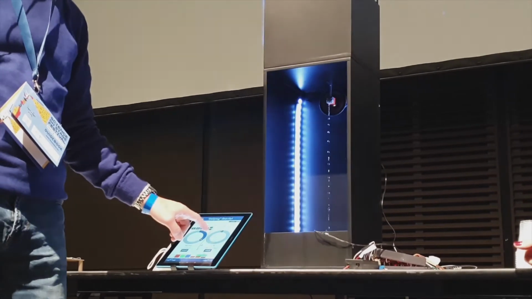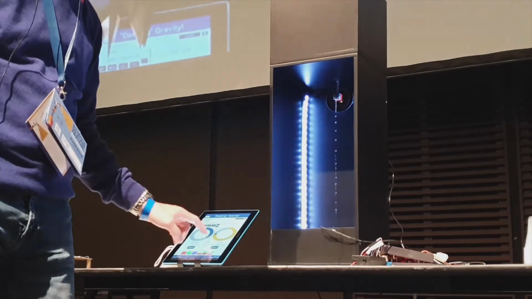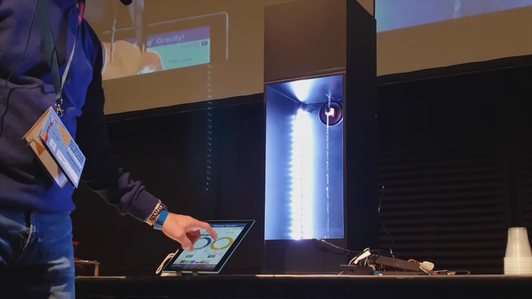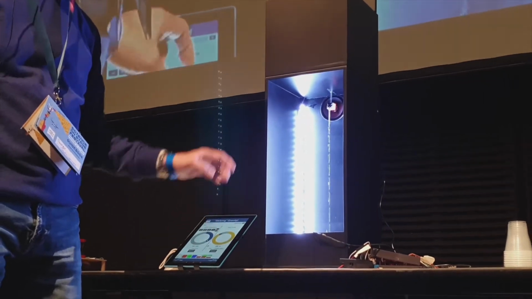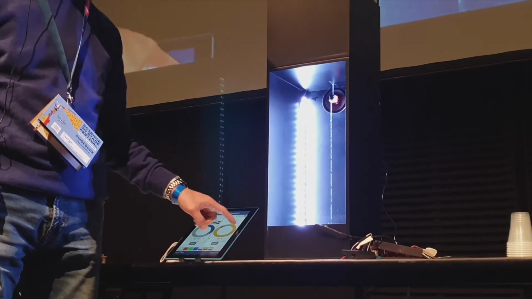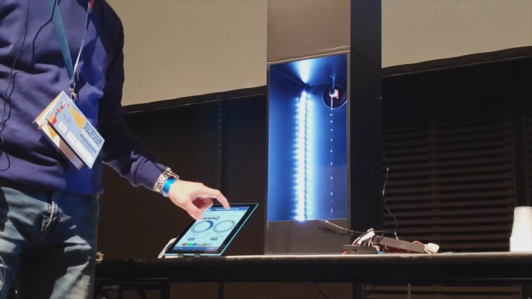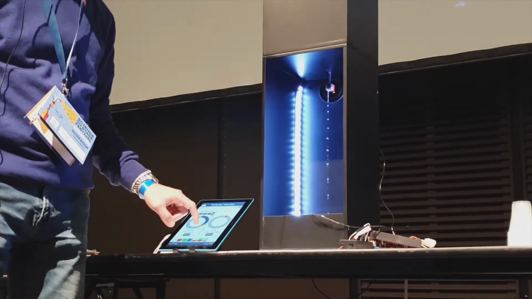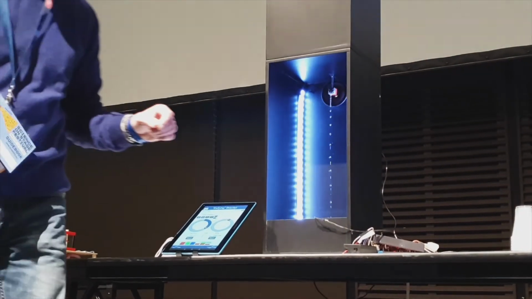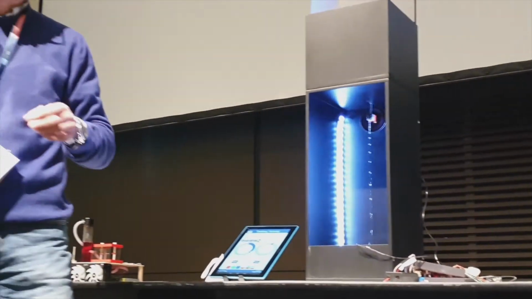Now the LEDs are always on, and we see a constant flow of water. But if we reduce the duty cycle, the droplets appear, and you should see the beautiful spherical shape that they have.